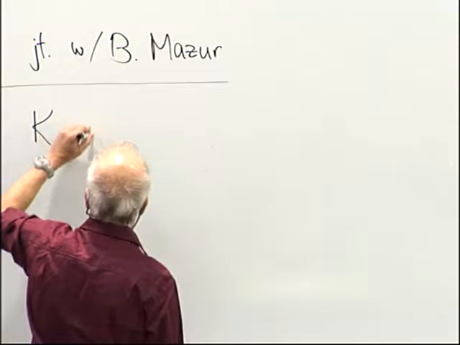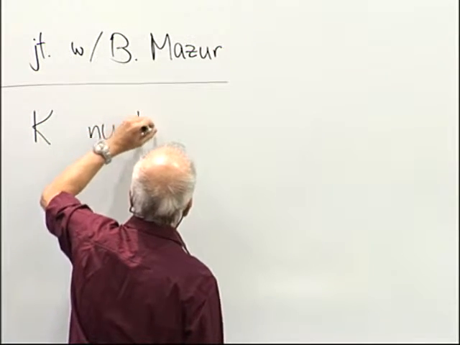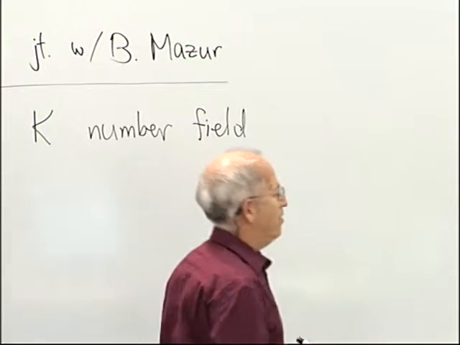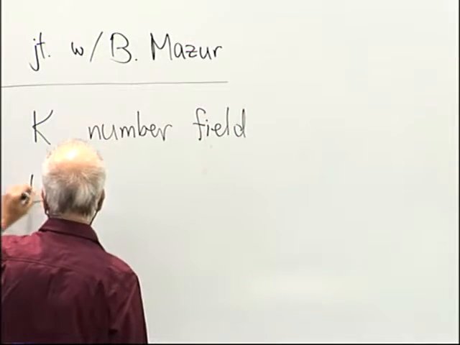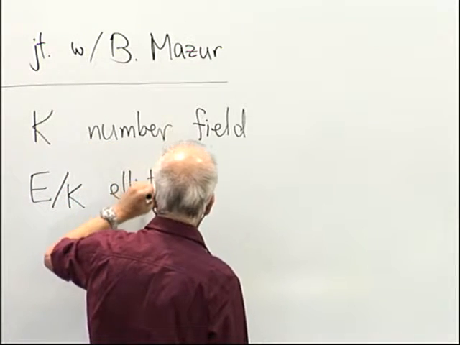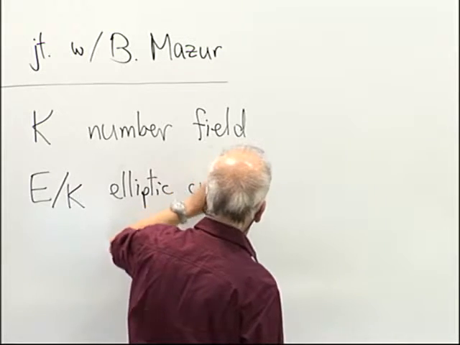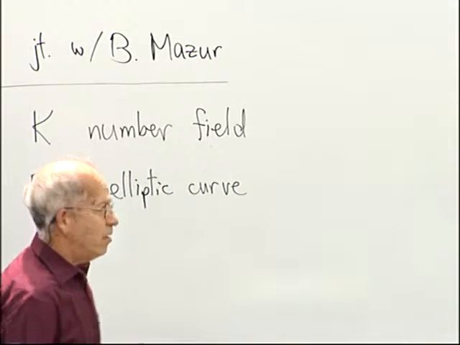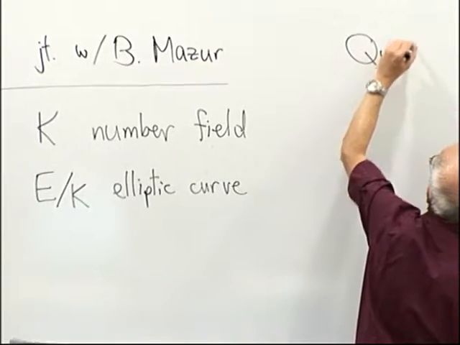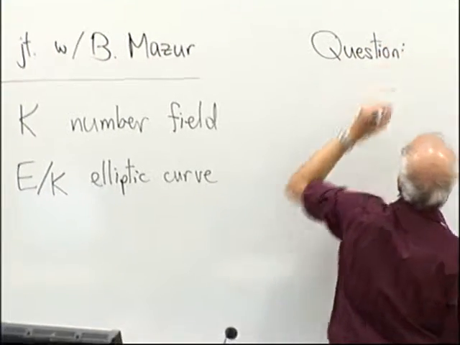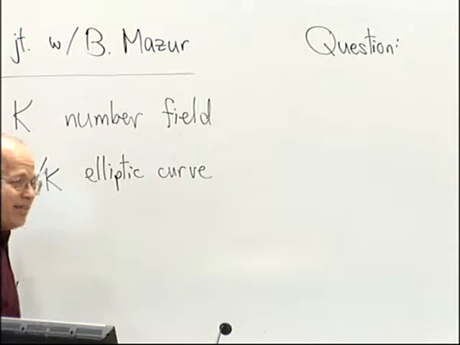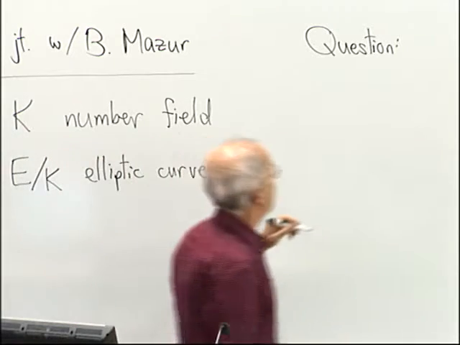I'm going to fix a number field K. So just some finite extension of the rational numbers. E will be an elliptic curve defined over K. And the basic question which I'd like to be able to talk about is how does the rank of E vary as E varies over K with K fixed?